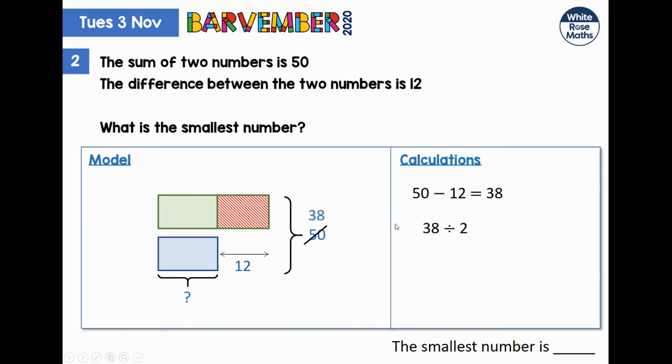And at that point there, we suddenly see that these two parts are equal and they add up to 38. So we can do a division calculation, in this instance, halving, divided by 2. And indeed, that takes us straight to our answer.